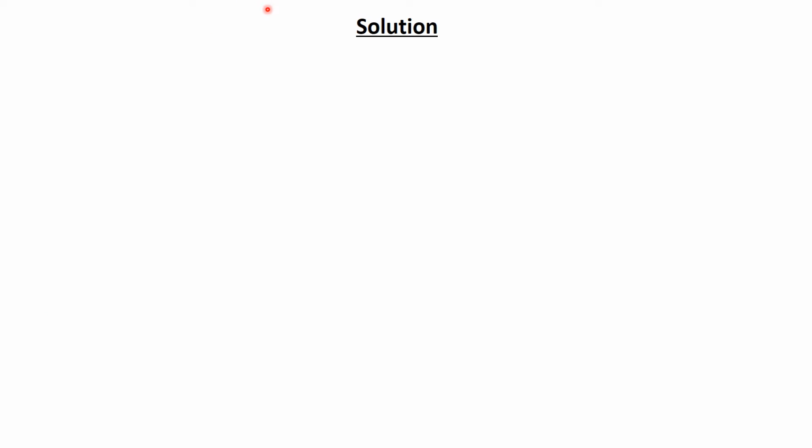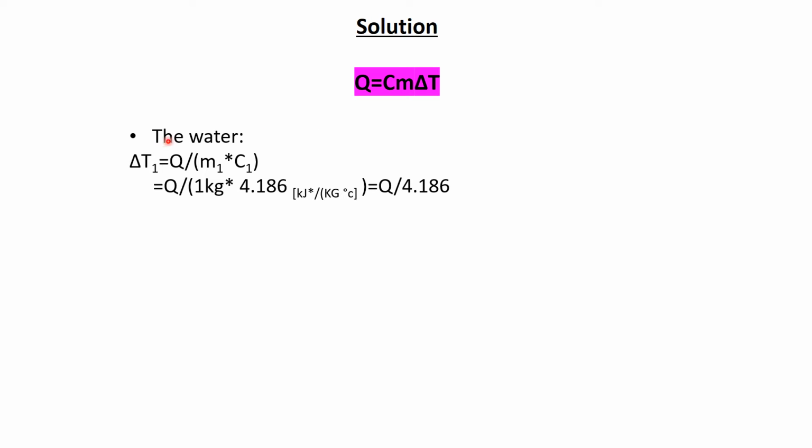In order to answer it, let's talk about the sand and the water separately. As we know, the formula is Q equals cmΔT, and when we are looking at the water and isolating the ΔT, which is the one that interests us, we get ΔT equals Q divided by m multiplied by c.